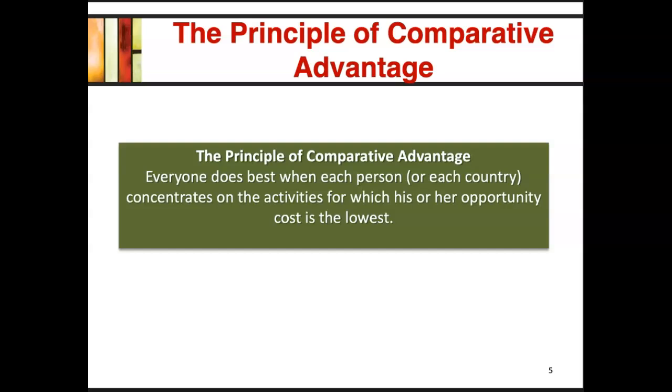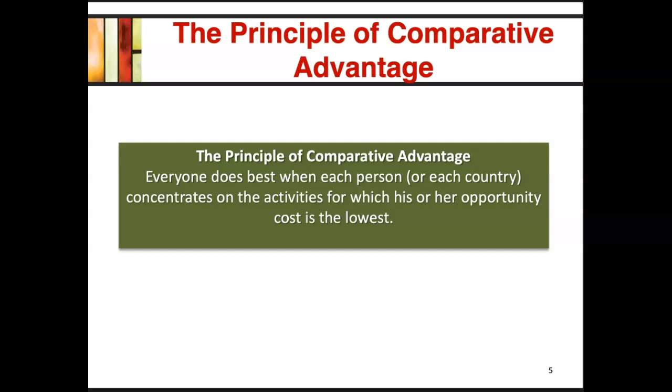Comparative advantage in the long run, according to him, benefits everybody. It benefits the person or country who specializes in whatever good they produce, and it benefits the person or country who is receiving this good in exchange. Okay, so that is the whole idea of comparative advantage, and that is the whole idea of trade as well.